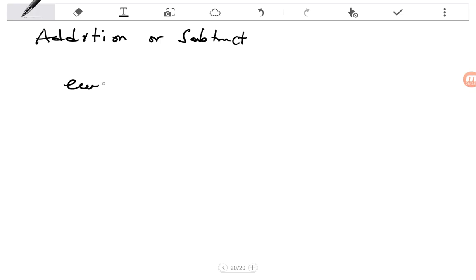If I had an even function plus or minus an even function, the result will be an even function. Okay? Remember that we are dealing here with even and odd functions, not numbers. There is a difference between an odd function and an odd number.